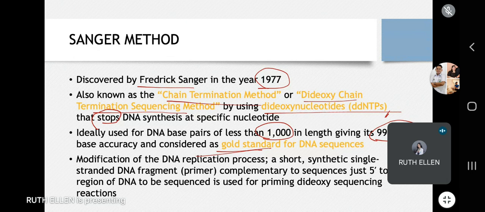So we still use a short synthetic single-stranded DNA fragment or our primers, which are of course complementary to our target sequences. Okay?